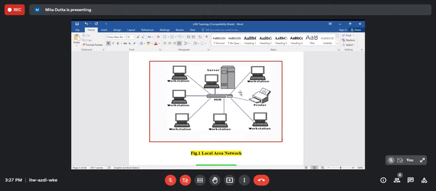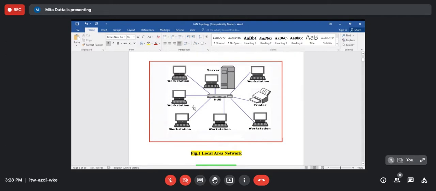The server will store the software to control the local area network, as well as the software for how it will share information through the workstations connected in the network. That computer is known as the server, and the others are known as workstations or nodes.